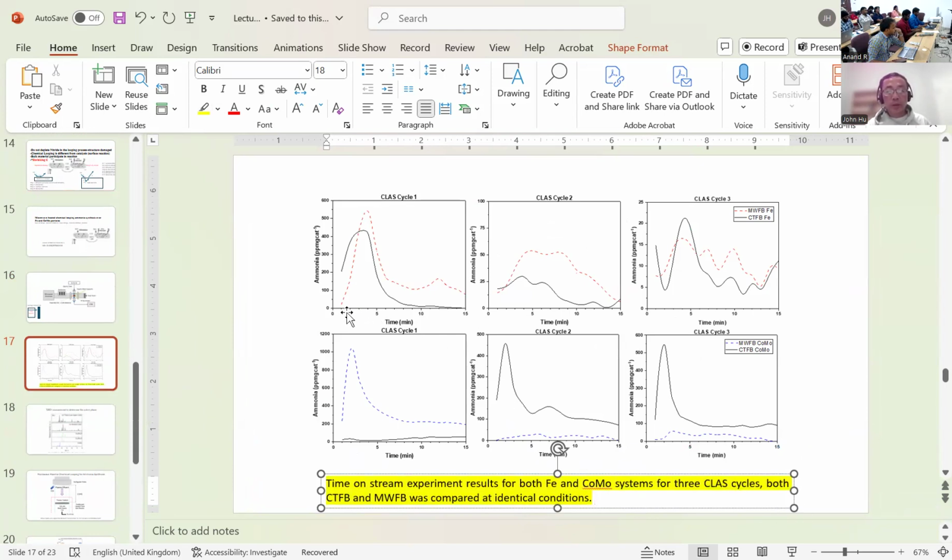Time on stream means 3 cycles: cycle 1, cycle 2, and cycle 3, using different materials. The label here, MW means microwave, and CT means conventional heating. So this graph compares microwave heating versus conventional heating. Okay.